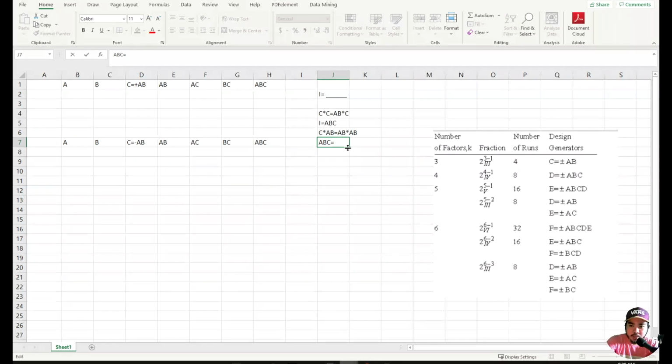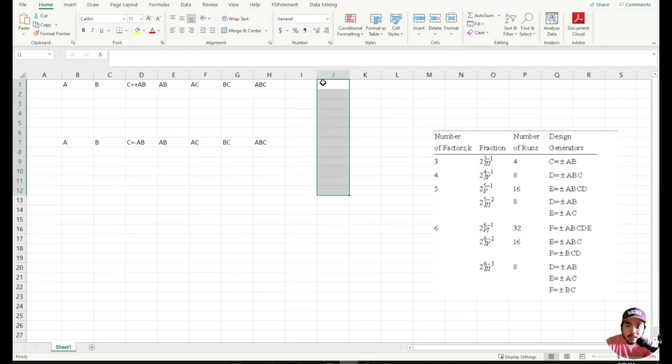Because, let me expand, magiging AA, BB. And AA is 1, BB is 1, so ABC is equal to I. And this is again the same defining contrast. So you can use either method, and this is important because we will use this defining contrast to determine the aliasing, which I'll be showing later. But right now, lagay lang natin dito, defining contrast natin is I is equal to ABC.